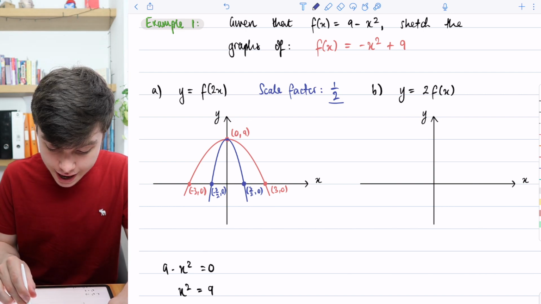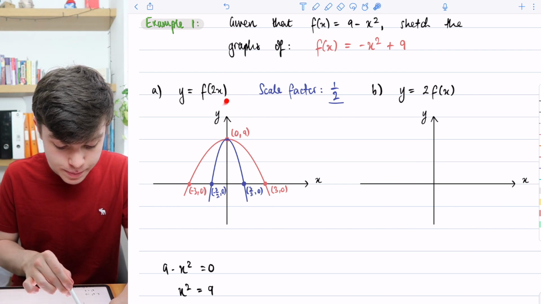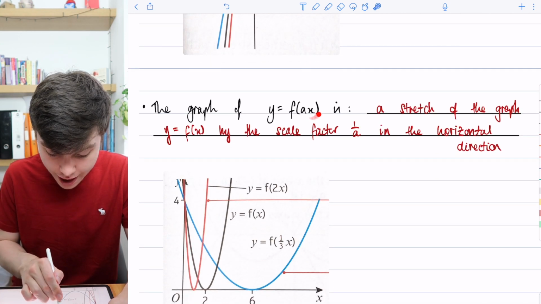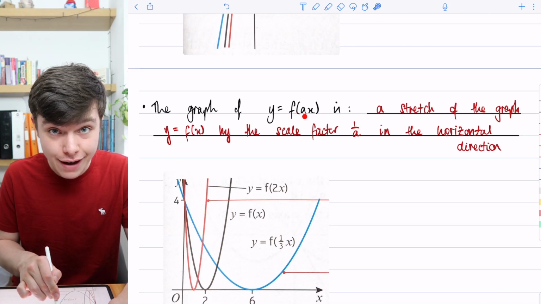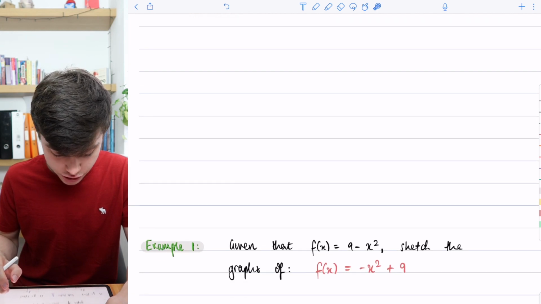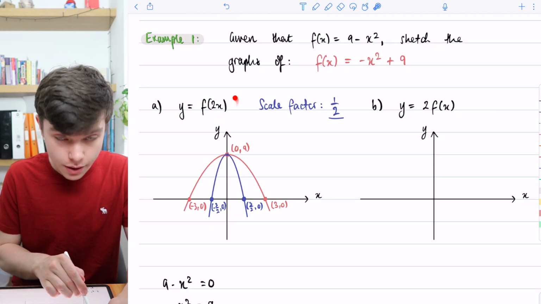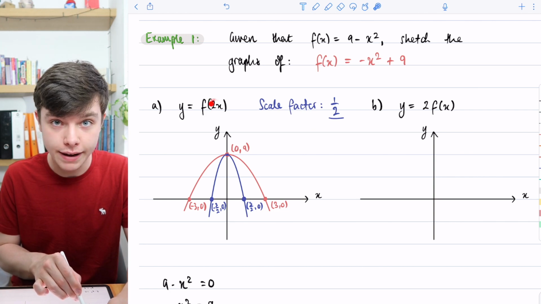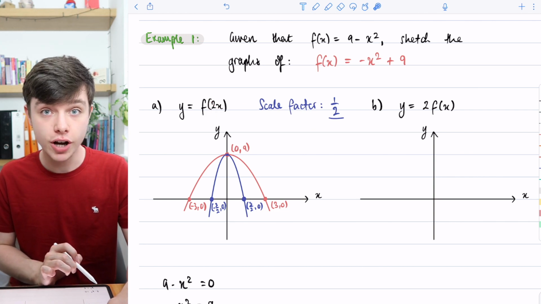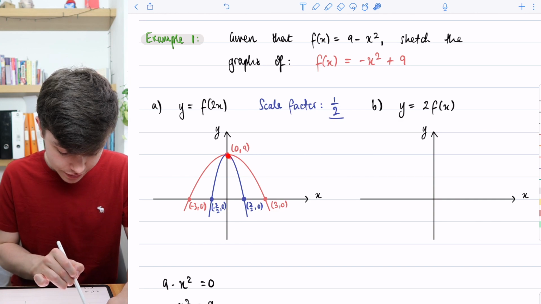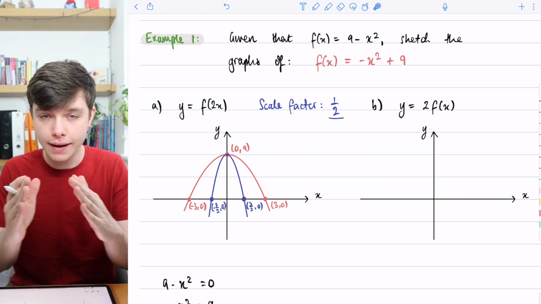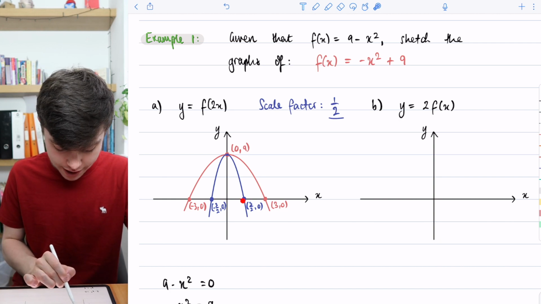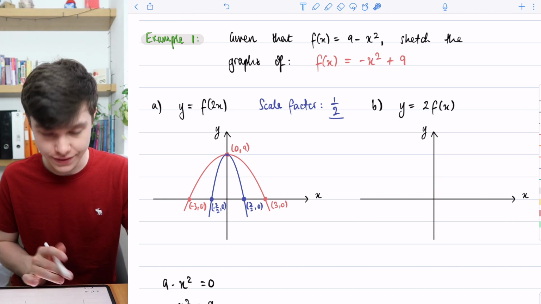Okay, it is a horizontal stretch because we are inside the bracket, just like we had up here. f of a of x is a horizontal direction stretch, so we've got that here. And then our scale factor is 1 over the number in front of x, 1 over 2, which is a half. Everything then becomes stretched a little bit inwards by a half. Okay, everything becomes a half of what it was in the x direction.